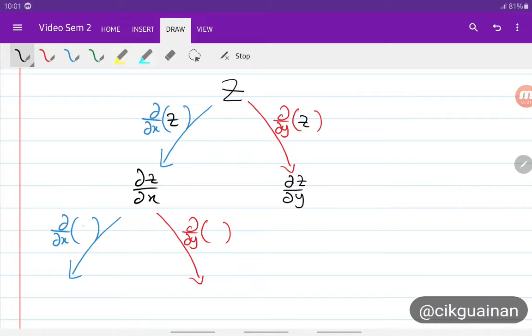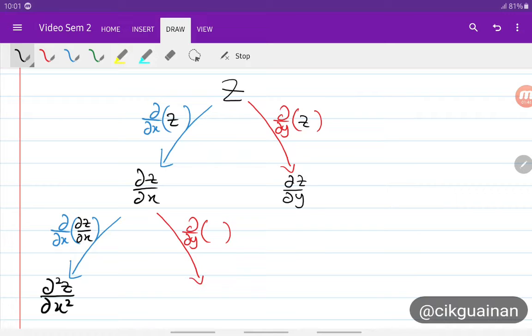This one means we differentiate ∂z/∂x. What happens if we already differentiate z with respect to x? We get ∂z/∂x, and then we differentiate ∂z/∂x with respect to x. So we get ∂²z/∂x².